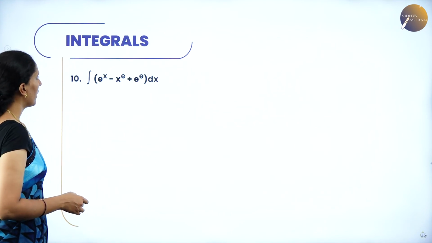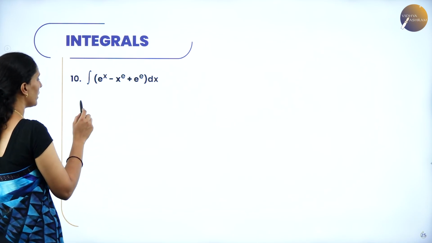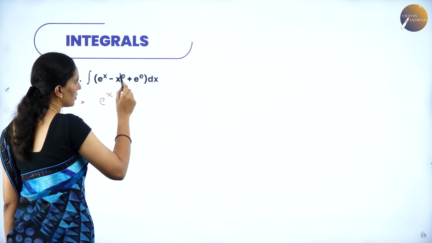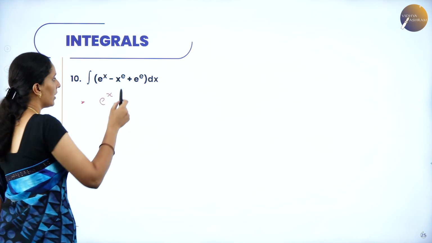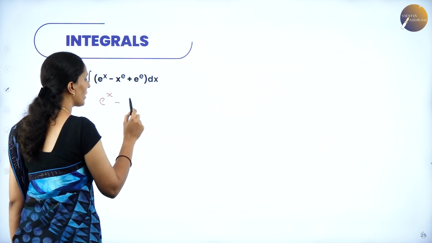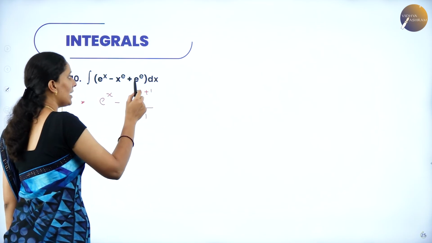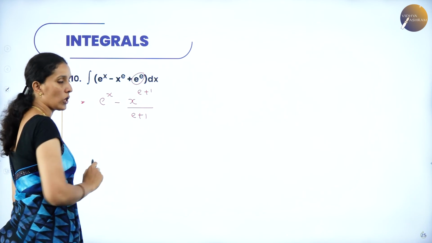Next, e power x minus x power e plus e power e. So, integration of e power x is e power x only. For x to the power n, it is x to the power n plus 1 by n plus 1. So, e is a constant, hence we can write x to the power e plus 1 by e plus 1. e is constant, power e is also constant, thus e power e is a constant.